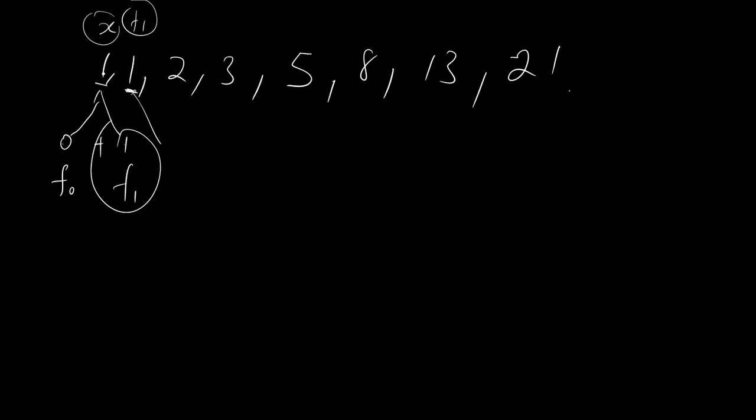Then this first one becomes this and this second one becomes this. If I add 0 plus 1, I have 1.